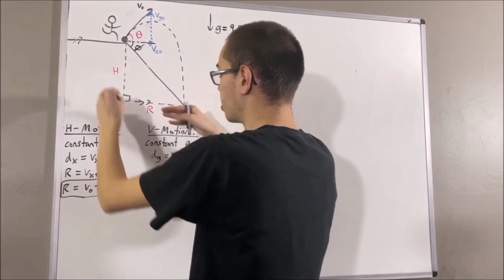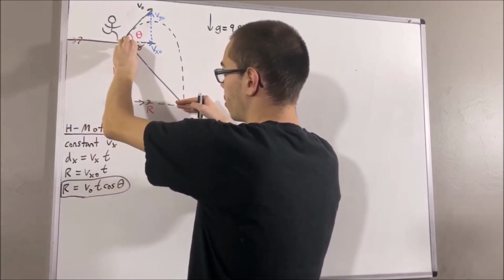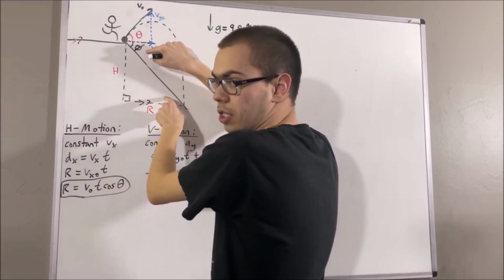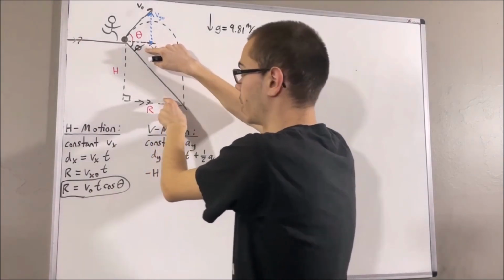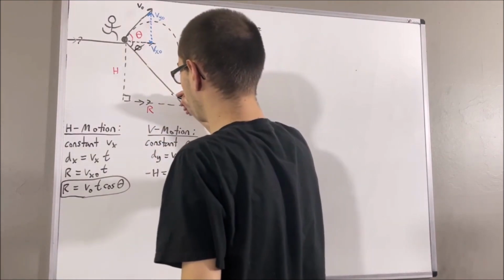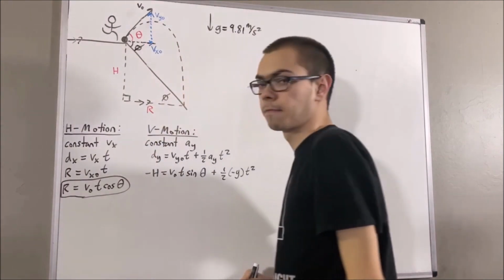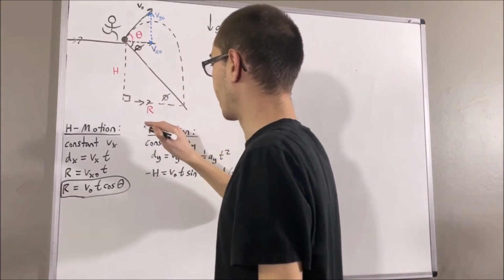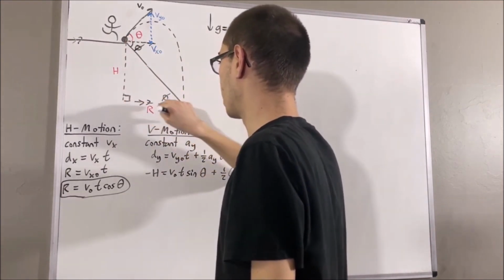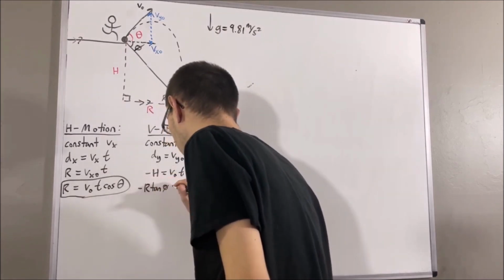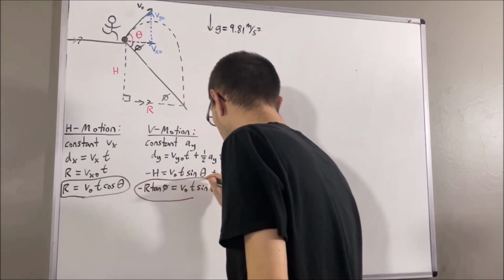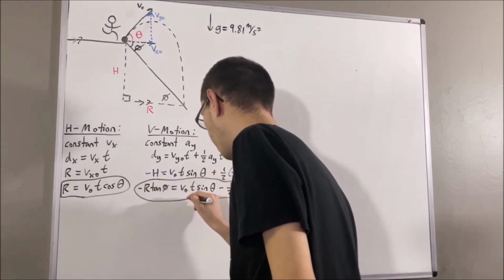And from geometry, because these two lines are parallel, these two angles must be congruent. They're congruent alternate interior angles. So since this angle measures phi, this angle must also measure phi. So then, applying trigonometry to this right triangle, we have h equal to r tangent of phi. So this is what we get when we analyze the vertical motion of the ball.